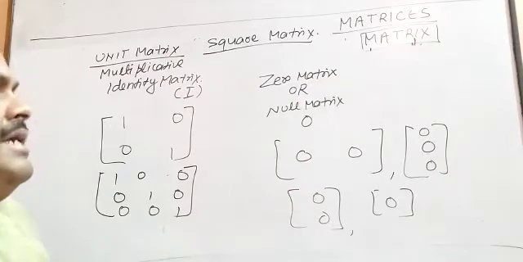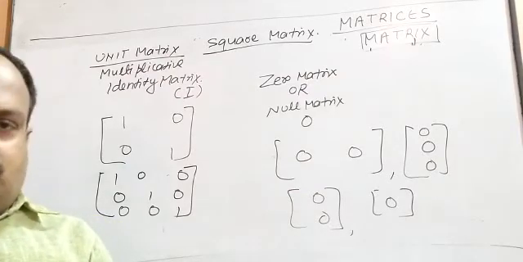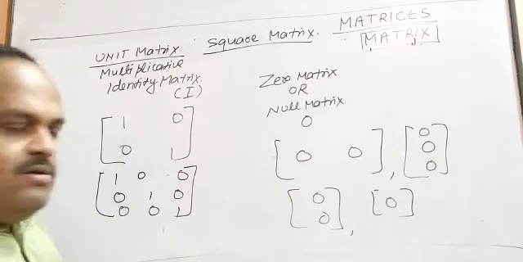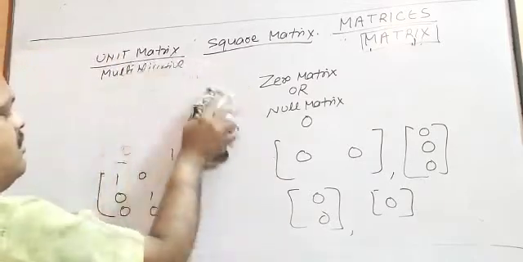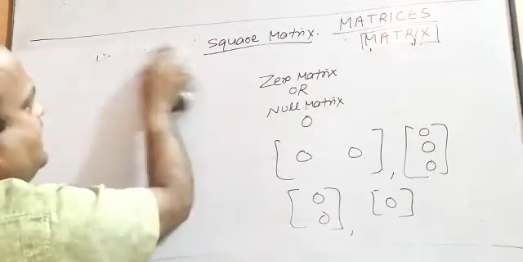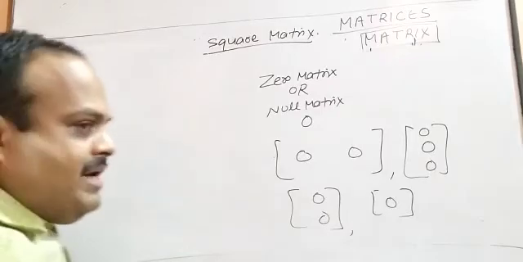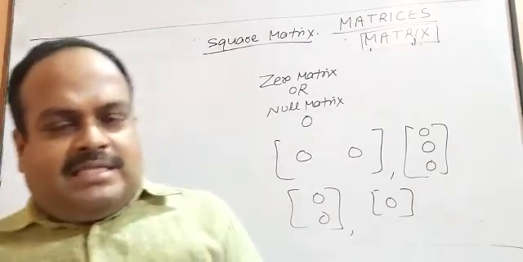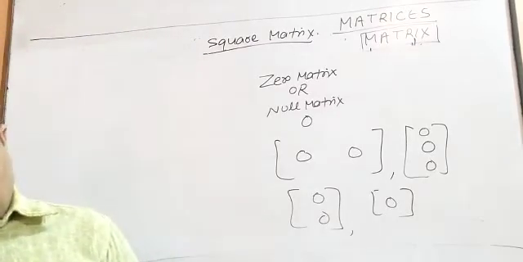All these are examples of 0 matrix. I hope it is clear to you: 0 matrix, identity matrix, null matrix, row matrix, column matrix.